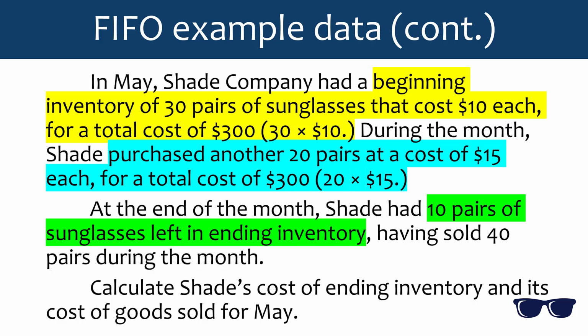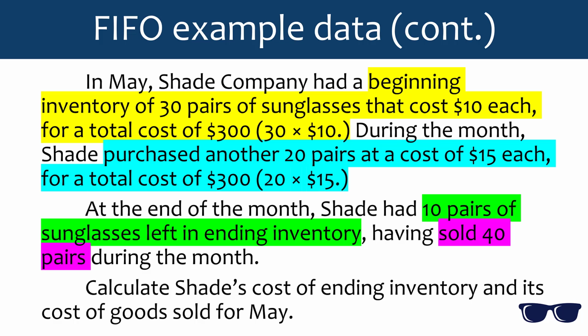At the end of the month, the company had 10 pairs of sunglasses left in ending inventory. We don't know the cost of those sunglasses in ending inventory, so we're going to have to apply FIFO principles to get that cost. And finally, the company sold 40 pairs of sunglasses during the month. Again, we do not know the cost of those sunglasses sold, and that's why we are applying the FIFO method.